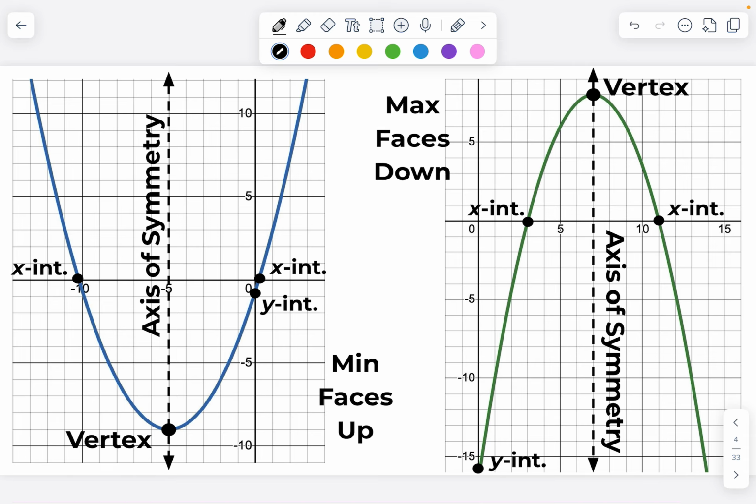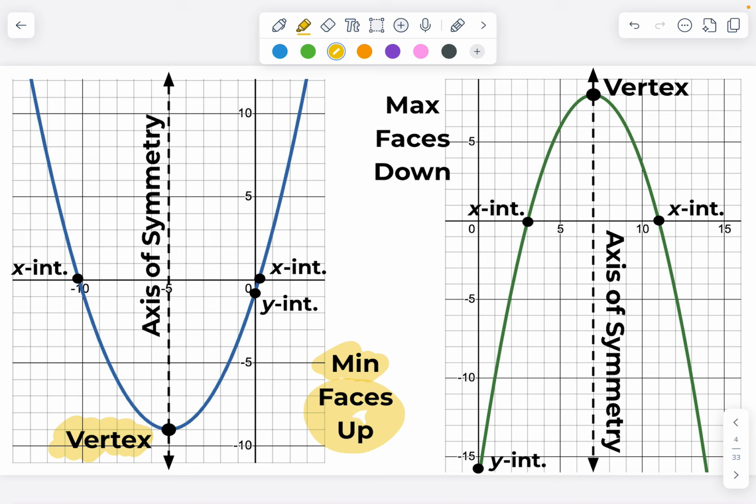We have some key pieces of information for quadratics that we always want to look at. So the vertex for this one is our minimum point. This is that lowest point, and again, it's the center and the lowest. It is also from there that our quadratic faces up.